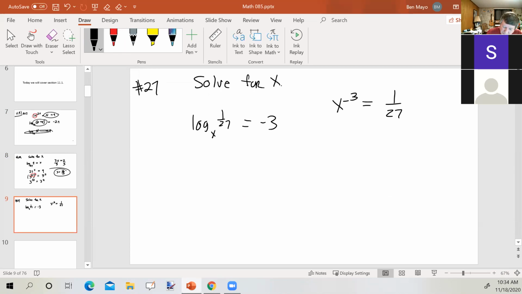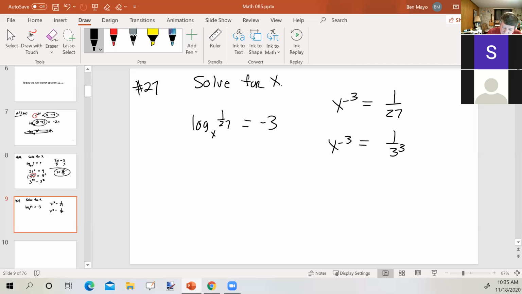Well, here the base is the thing we have to solve for. So if we could get the exponents equal on both sides of the equal sign, then the base would be equal. Well, 1/27 is 1/3 cubed. We don't ordinarily take an expression that has a positive exponent and rewrite it with a negative exponent.